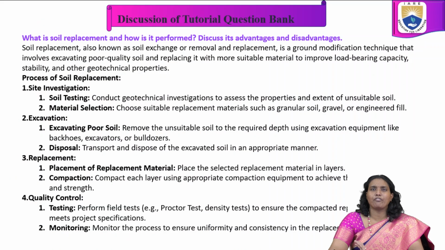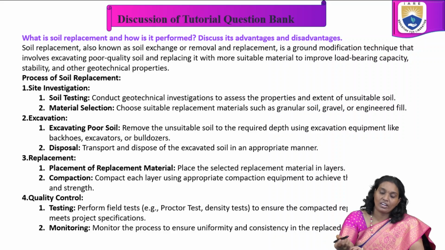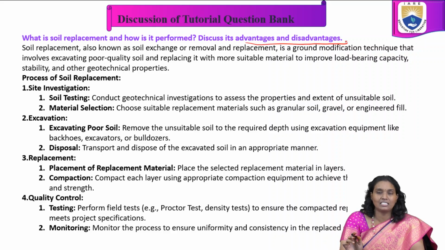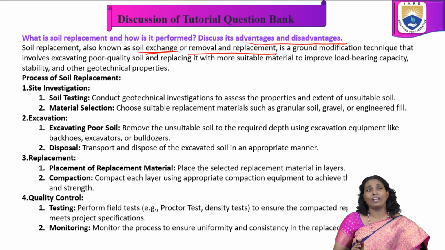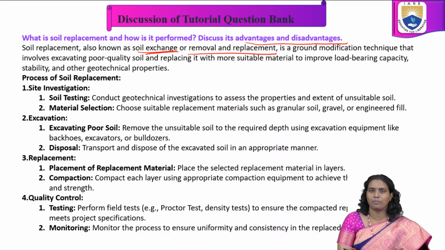Now another question: what is soil replacement and how is it performed? What are its advantages and disadvantages? Soil replacement is also known as soil exchange or removal and replacement. In soil replacement, sometimes we replace the soil, and sometimes we completely exchange it. We remove the soil, whether partially or completely, depending upon the soil type and the required properties.